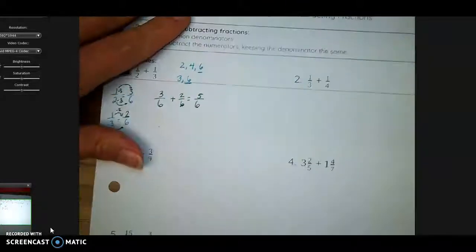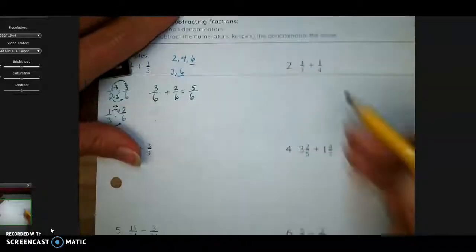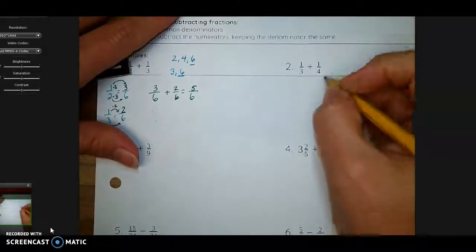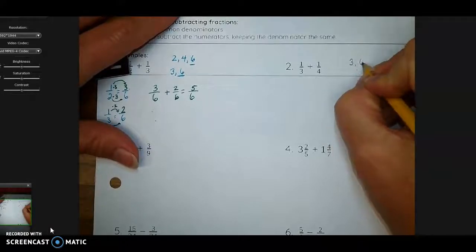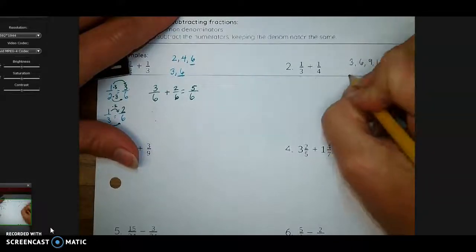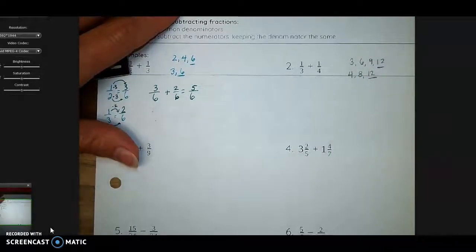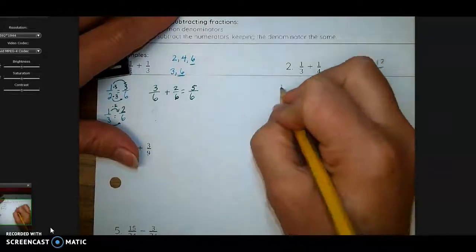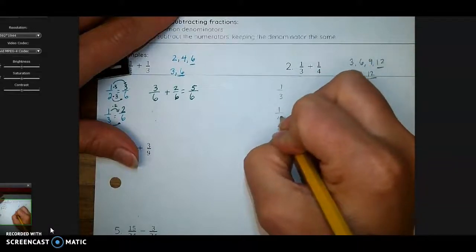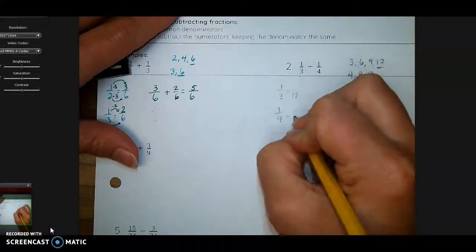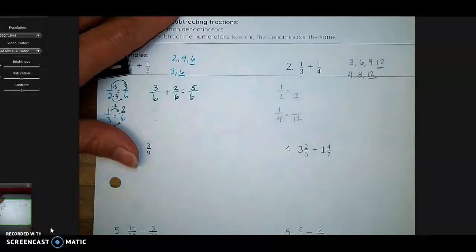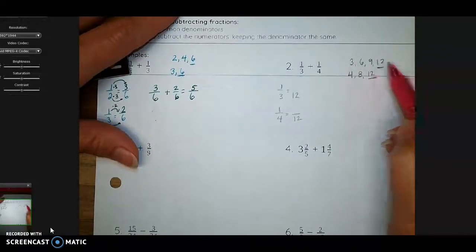So we can see that mathematically, if I start with 1/3 and 1/4 and I count by 3s, and I count by 4s, it is indeed the 12 that I run into. So for my 1/3 and my 1/4, if I want a 12 on the bottom, I have to think 1, 2, 3, 4 to get there.